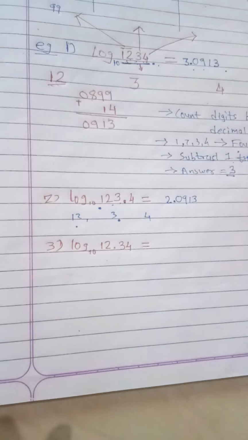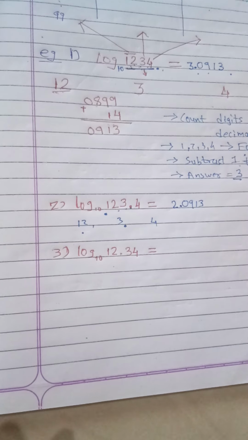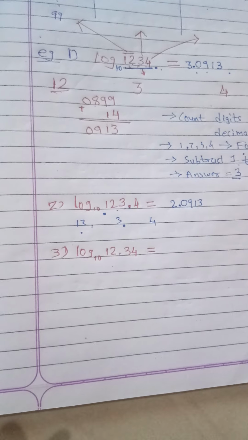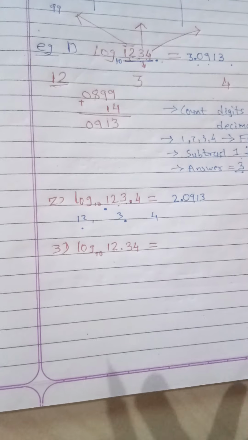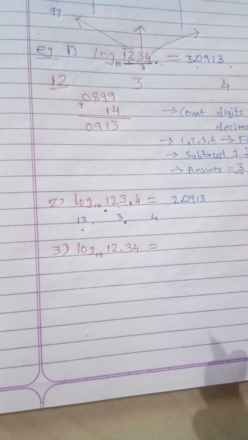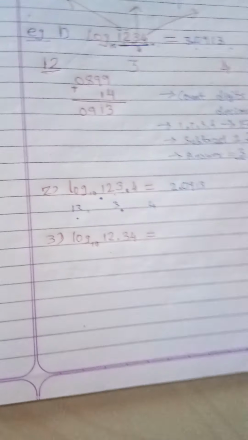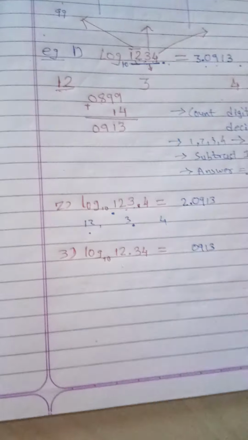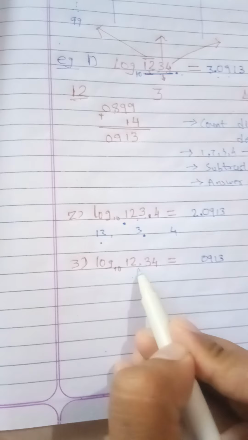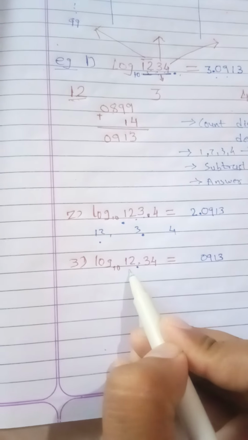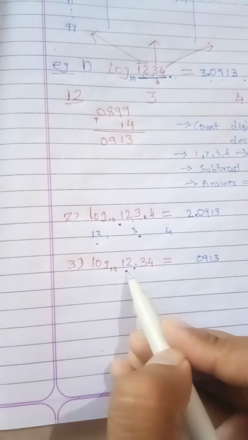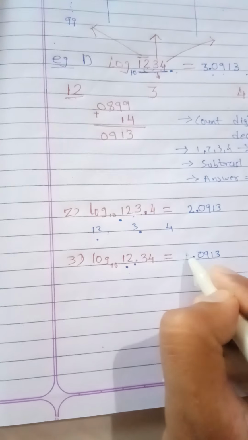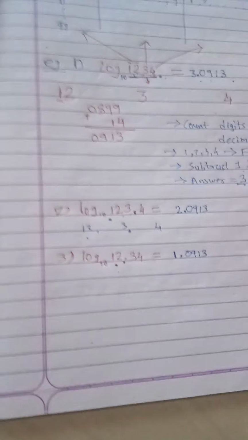Main digits 12, difference 3, answer 899. 12 in mean difference 4 is 14, so the answer is 0913. Now count the digits. Before the decimal point 2 digits are there, subtract 1 from these, so 1, and you get 1.0913.